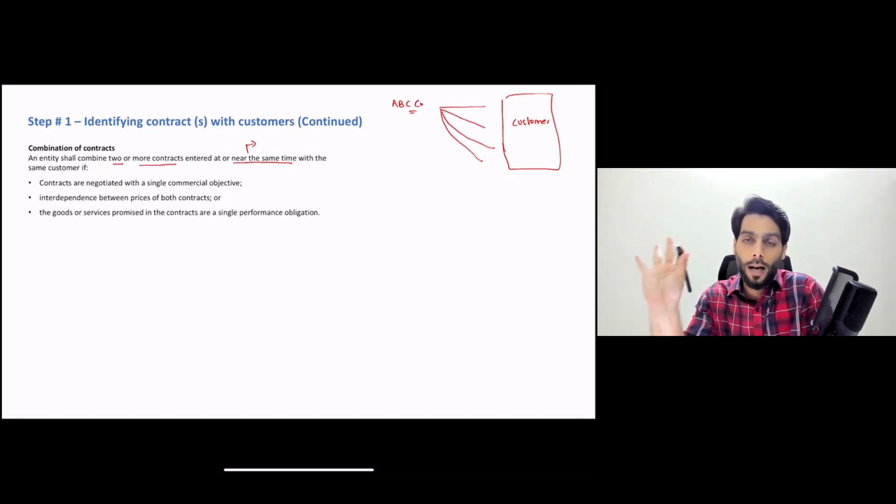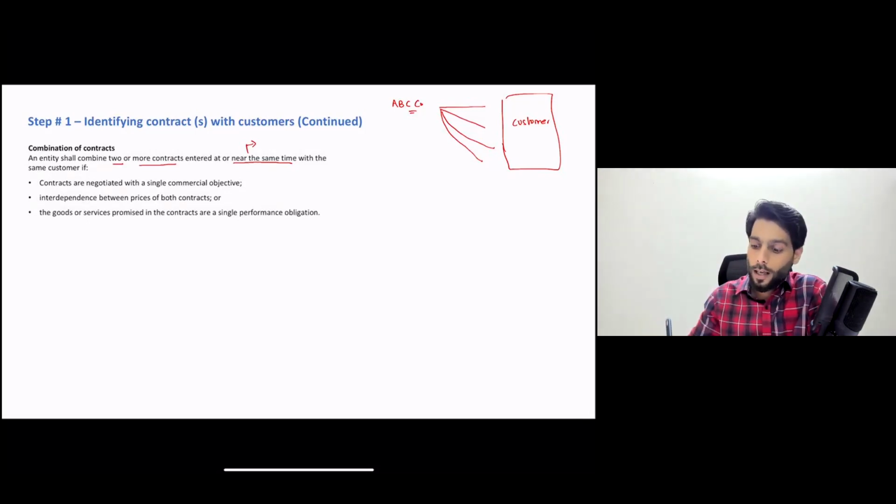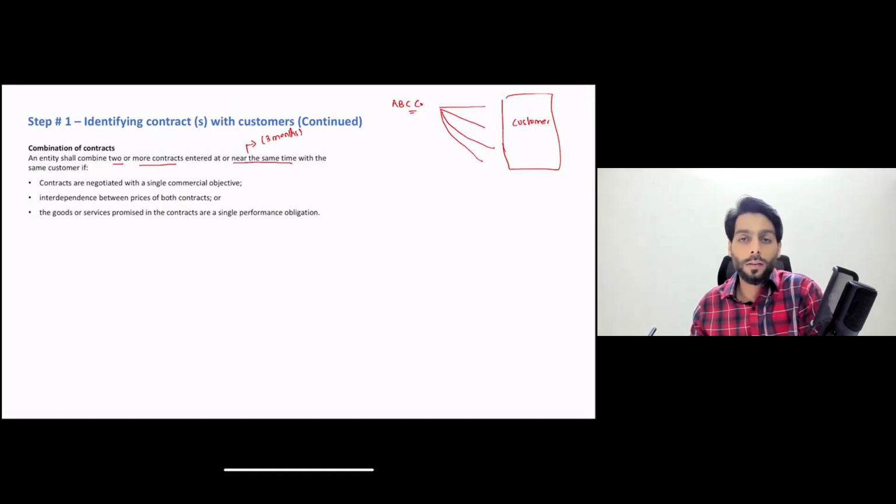Industry-wise, market practices are different. But a general phenomenon is, for example, if a company enters into a contract with the same customer within 3 months, then this clause is applicable. Remember, this 3 month benchmark is not an IFRS specific benchmark.